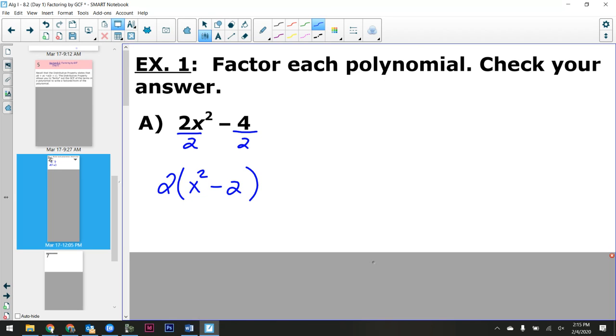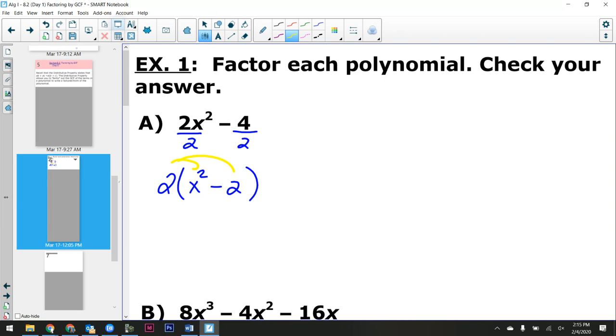No, we would say that the GCF would be 1 between those two values. That's how I know it's fully factored down. Now, it says to check your answer. I'm not going to force you into doing that, but how would you check your answer? You'd distribute. You'd remultiply. What would we get? 2x squared minus 4. Exactly what we started with.